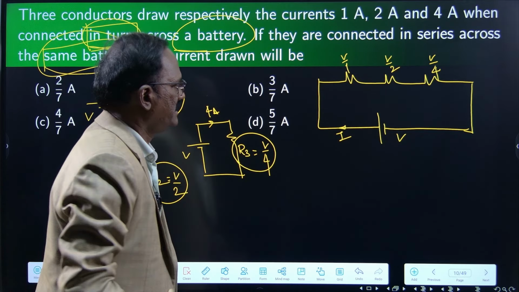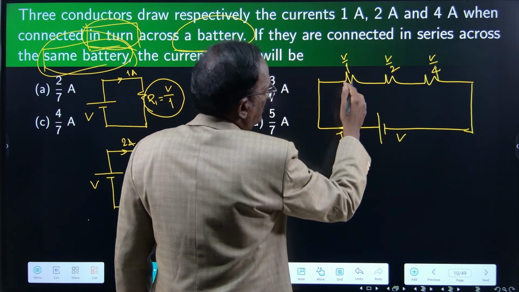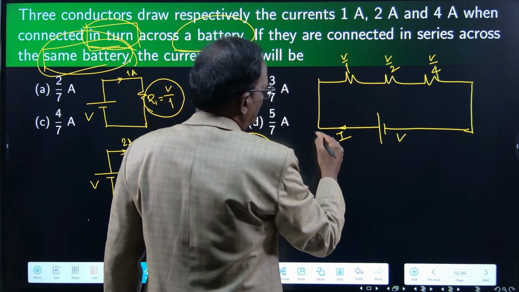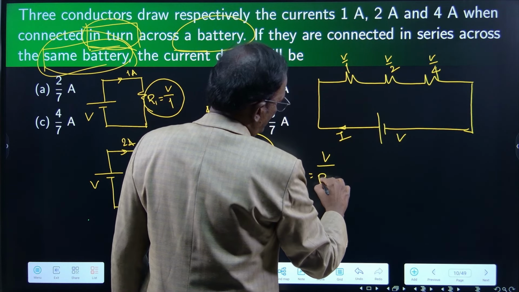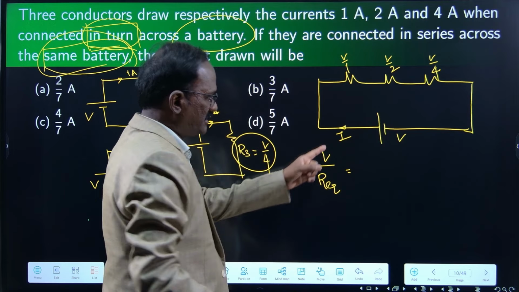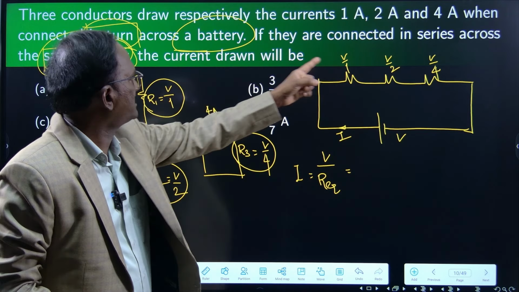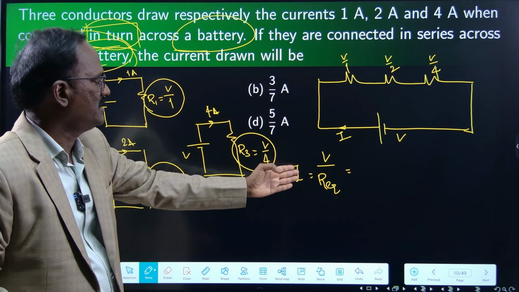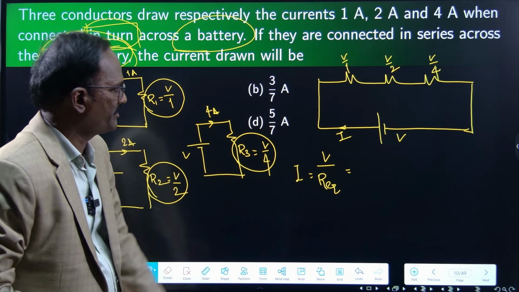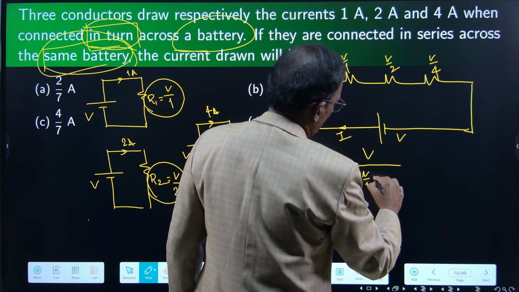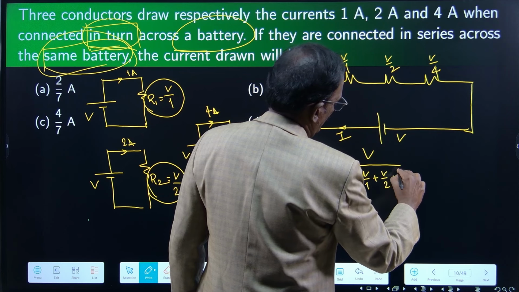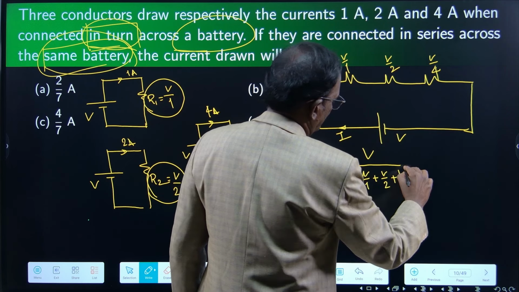When they are in series, we add R1 plus R2 plus R3. So I is equal to V divided by R equivalent. This current is in question: if they are connected in series, what will the current drawn be? I is equal to V divided by (V by 1 plus V by 2 plus V by 4).